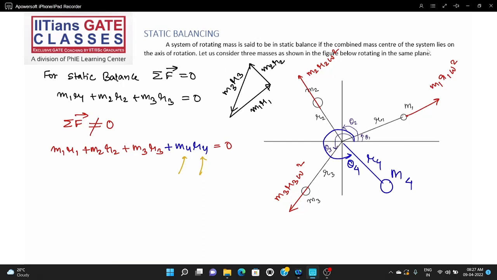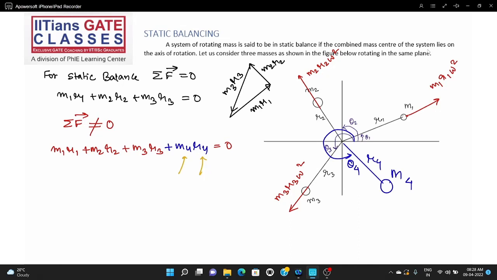Not easily, I really consider this not easy. So questions from static balancing are generally simple, because with this concept you will require the use of a calculator, and it is not possible to do it in an easy manner. This becomes a subjective question.